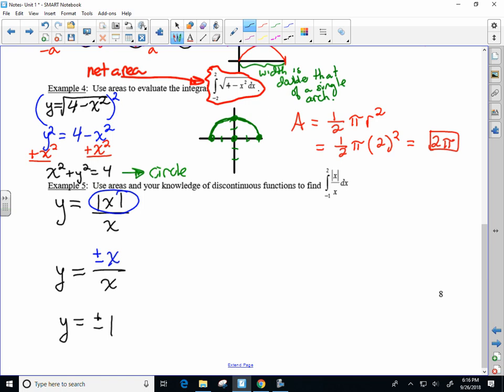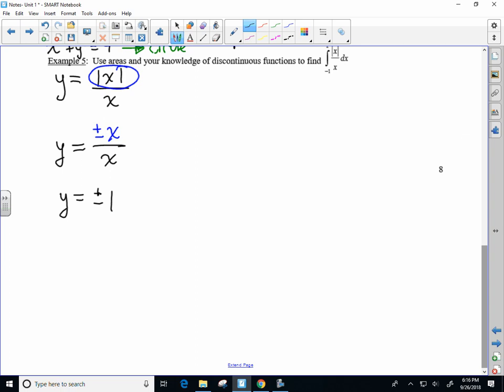Looking at the function itself, we have to make the statement of the caveat. Anytime we have a restriction on our domain, we make a note of that. So, does not exist at 0; x not equal to 0. That's a little bit of an indicator for me.